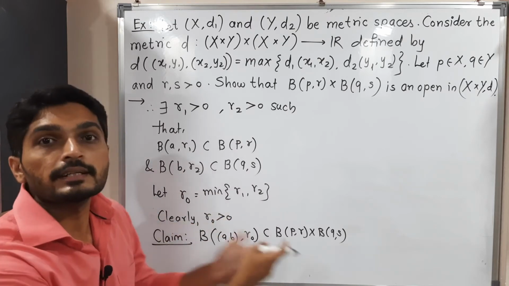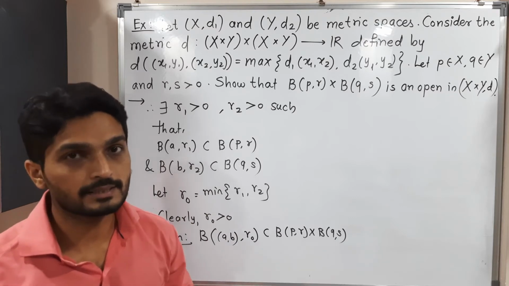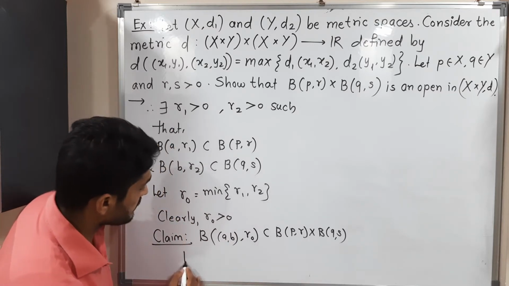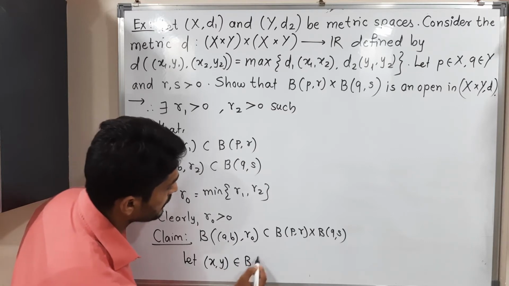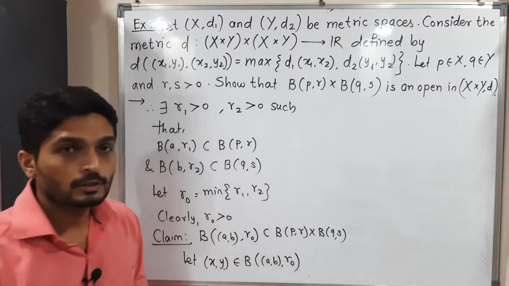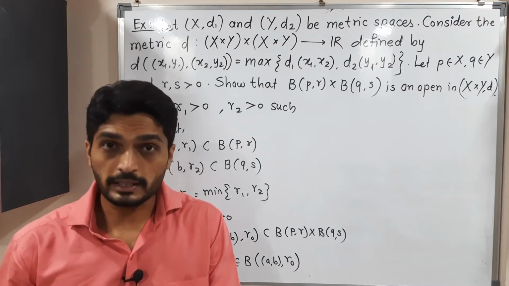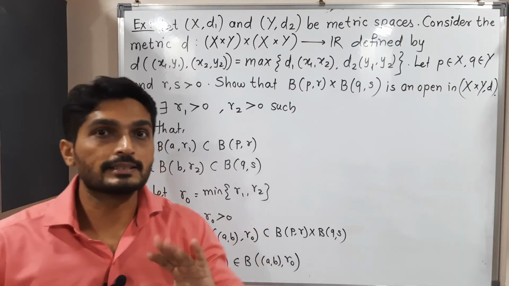How to prove one set is a subset of another? We take one arbitrary point of this set and prove it is in the second set. Let us take an arbitrary point (x, y) belonging to the open ball with center (a, b) and radius R0. If any point lies in a ball, its distance from the center is less than the radius.